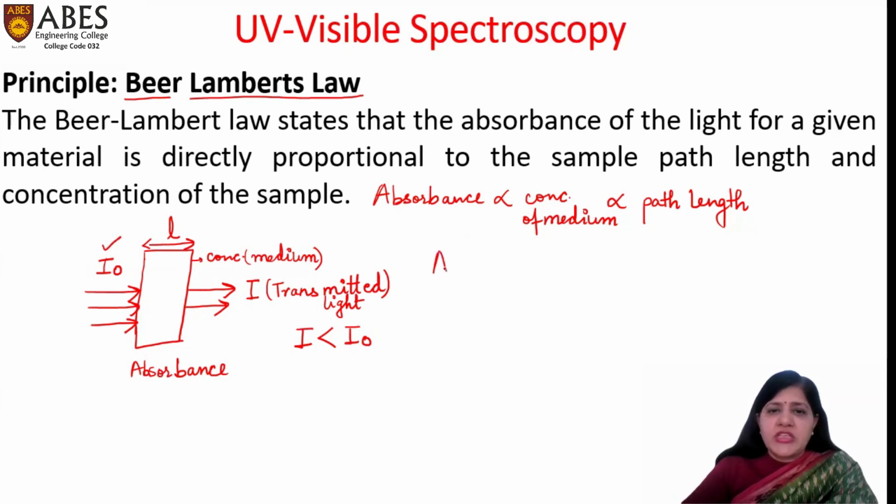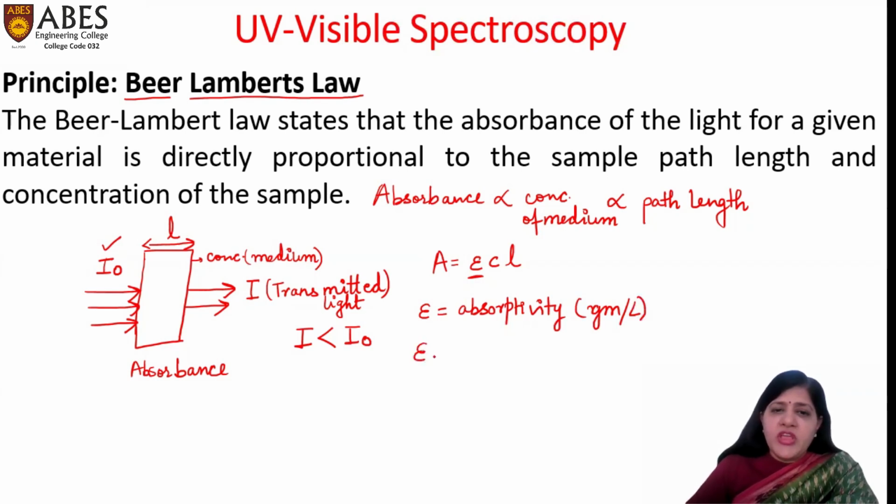If I express it, absorbance is epsilon Cl. This epsilon is the constant of proportionality of Beer-Lambert's law, and it is known as absorptivity. It is called the absorptivity of the medium when we express the concentration in gram per liter. When we express the concentration in moles per liter, this constant is known as molar absorptivity.